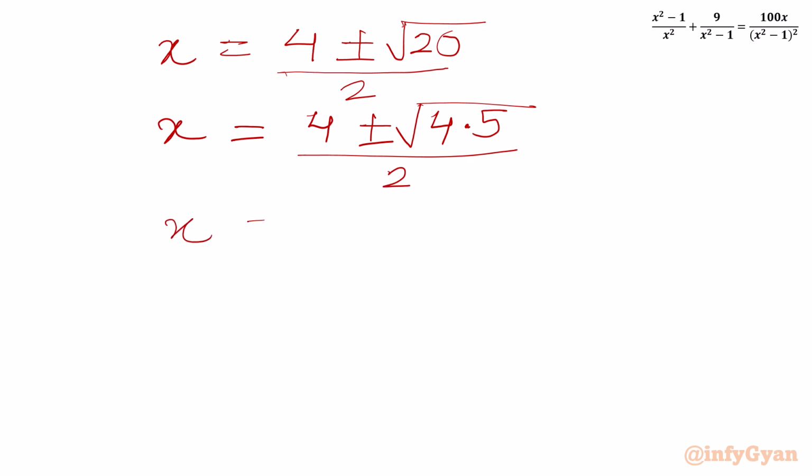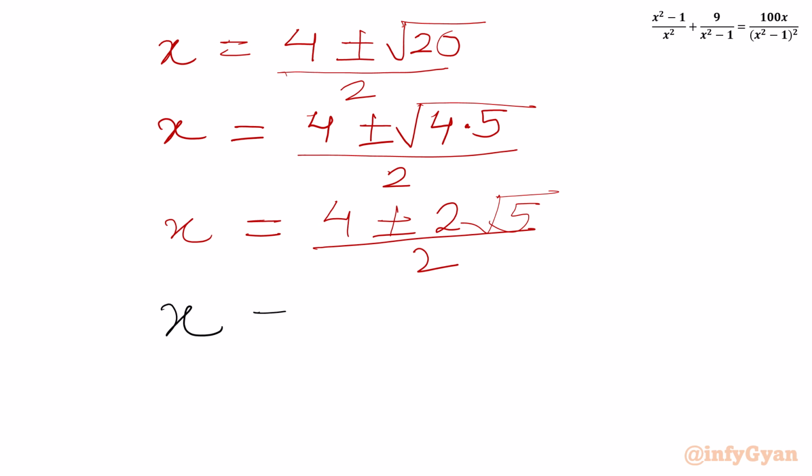So we will get x = (4 ± 2√5)/2. Now we will divide the numerator by 2. We will get our final answer. So I will write x will be equal to 2 ± √5.